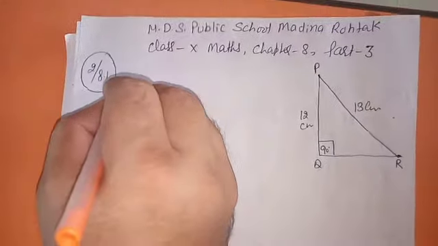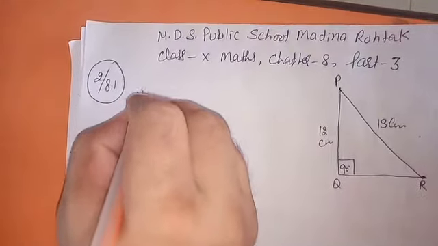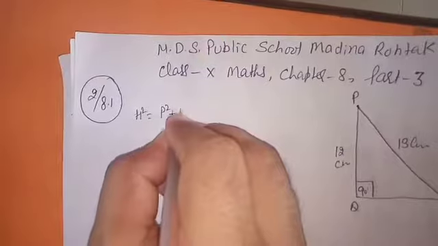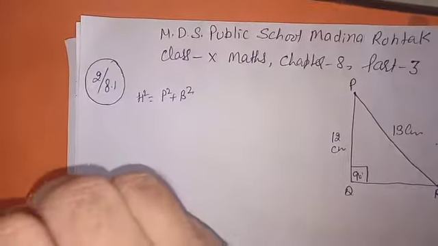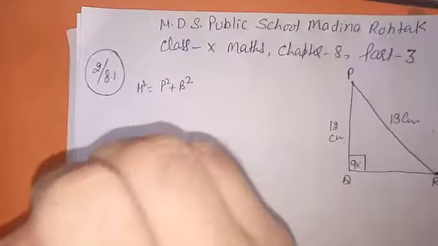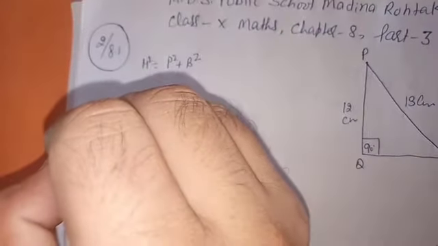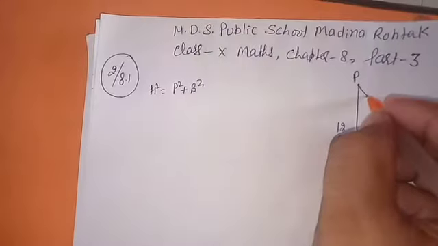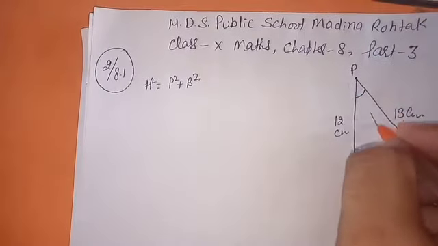Pythagoras theorem you know: hypotenuse square is equal to perpendicular square plus base square. So first you have to decide which is the base. If you are taking angle P, then this is your perpendicular.